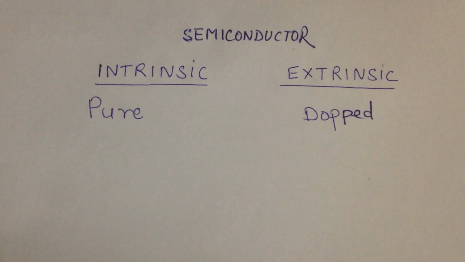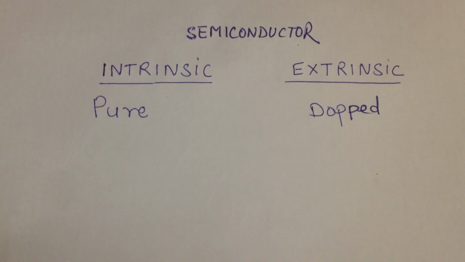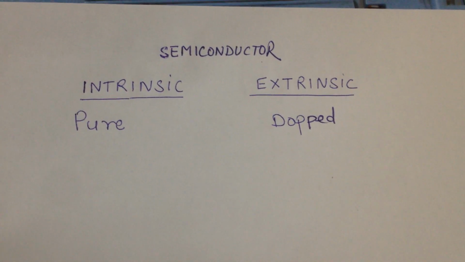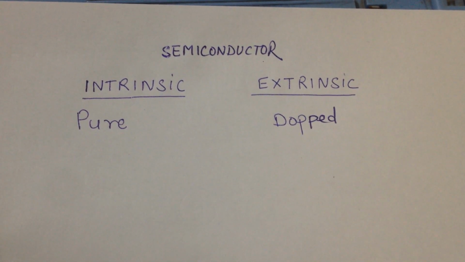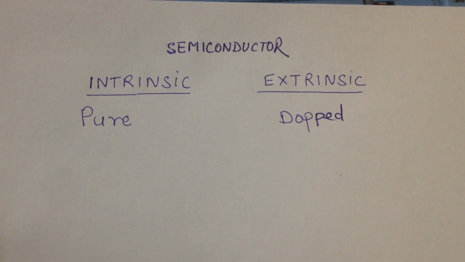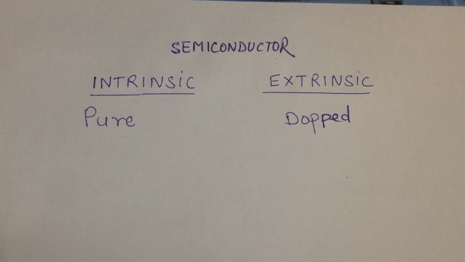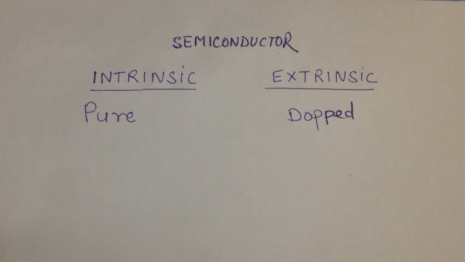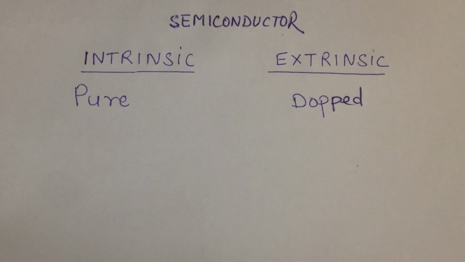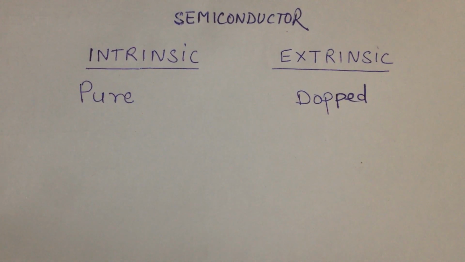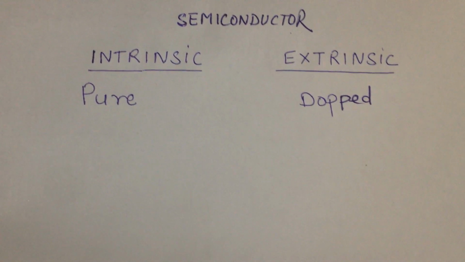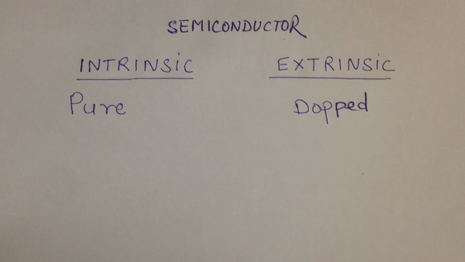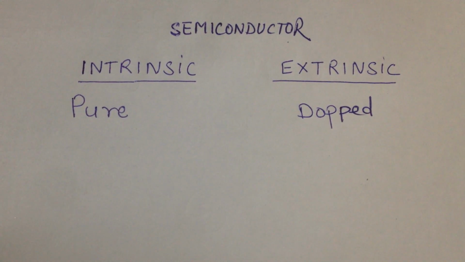In today's video I will discuss intrinsic and extrinsic semiconductors. Semiconductors can broadly be classified into two types based on purity or impurity: intrinsic and extrinsic semiconductors. Intrinsic semiconductors are the pure state of semiconducting material, like pure germanium and pure silicon.